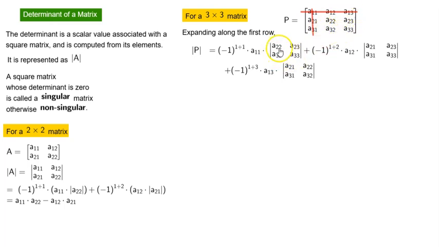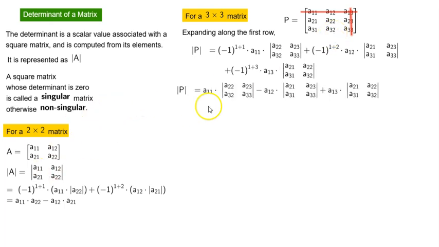That is the determinant of A22, A23, A32, A33, plus now the second column, minus 1 to the power of 1 plus 2 times A12 times the determinant of A21, A23, A31 and A33, plus now the third column, minus 1 to the power of 1 plus 3 times A13 times the determinant of A21, A22, A31, A32.